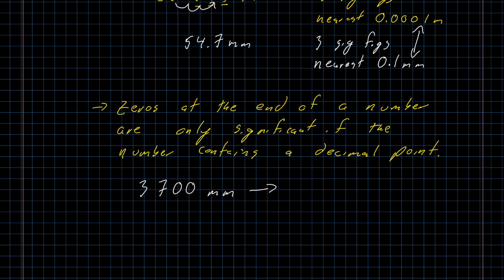If we convert from millimeters to meters, this number is 3.7 meters. We can write it without those zeros at the end. That's the reason that we say that those zeros are not significant.